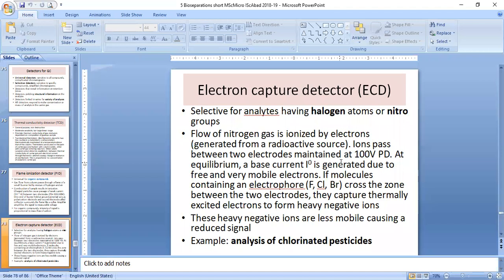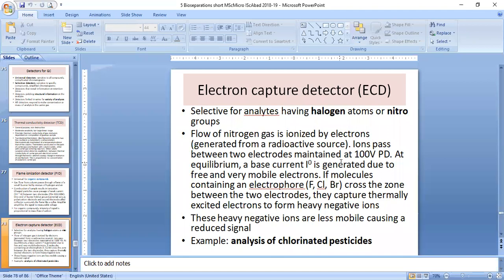So electrons which are generated from the nitrogen gas interact with the halogens, and because of the interaction, heavy ions are formed, and these are all negative ions. These heavy negative ions are heavy, and therefore they are less mobile.